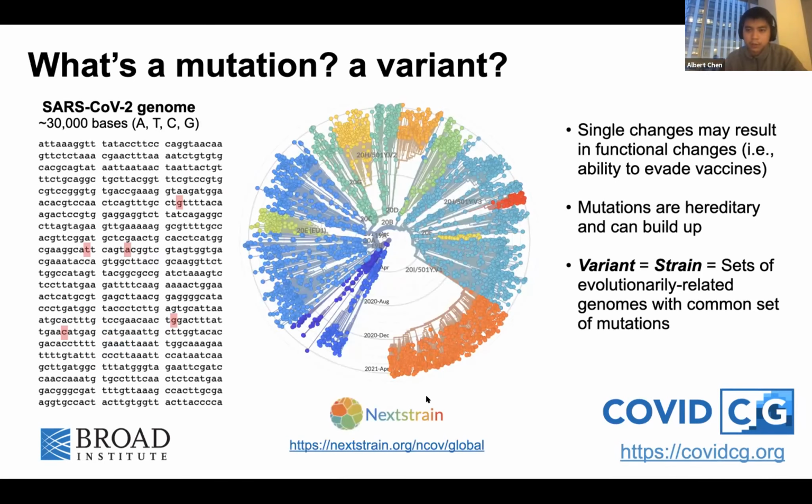B.1.1.7 is a more detailed way of grouping these. The grouping is not arbitrary, but it is human defined. It's not an intrinsic fact of nature. It's how we group the data ourselves.